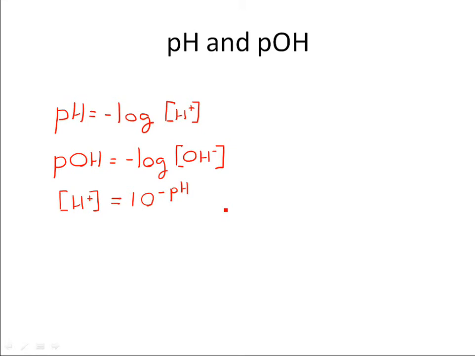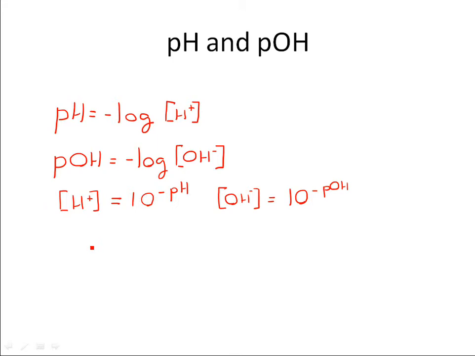And for OH-, it's equal to 10 to the power of negative pOH. So these are things that you need to know for this topic. You need to know these expressions here.